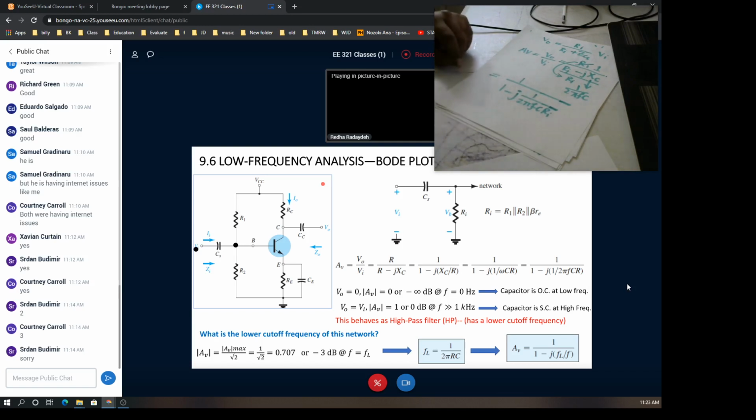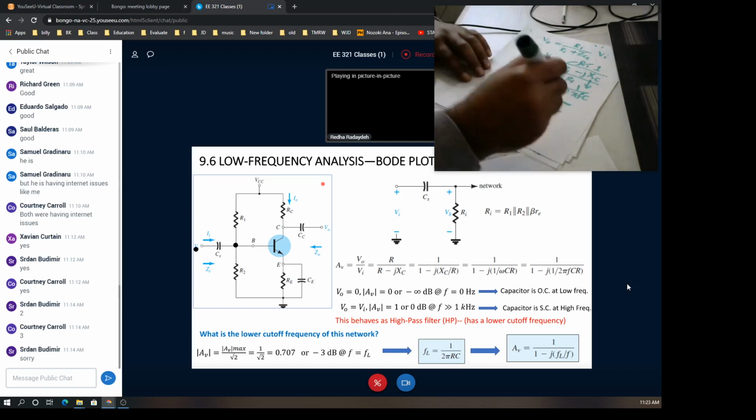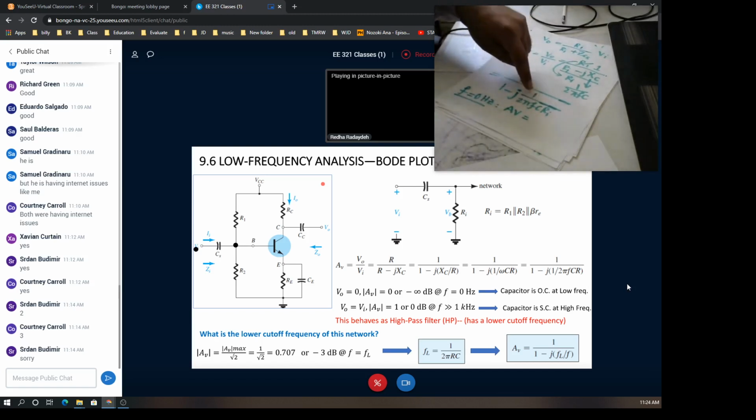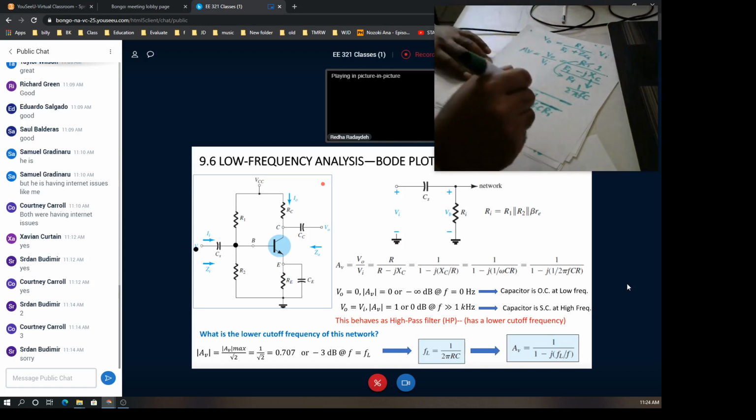That simple check is to evaluate the voltage gain at two frequency limits. The first one, when the frequency is 0 Hertz, at very low frequency, the gain apparently, when the frequency f is 0, this term will be 0 down, so 1 by 0 will be infinity, so the voltage gain will be 1 divided by infinity, which is what? 0. Which is 0. Very good.